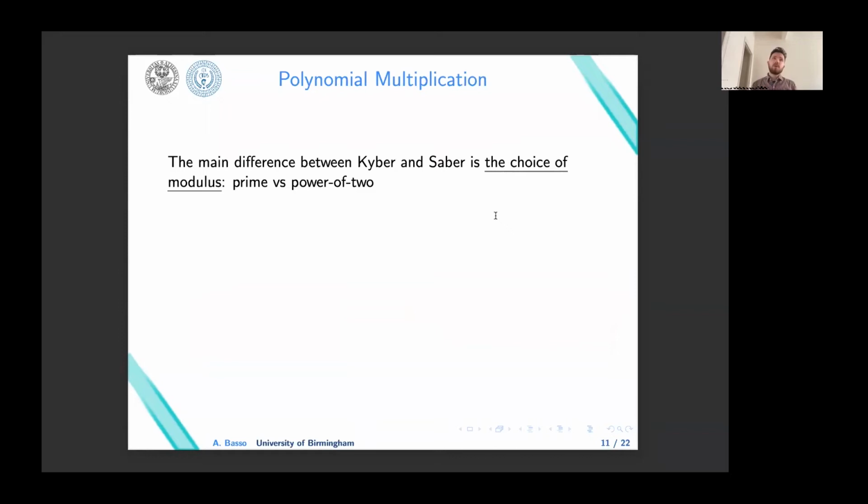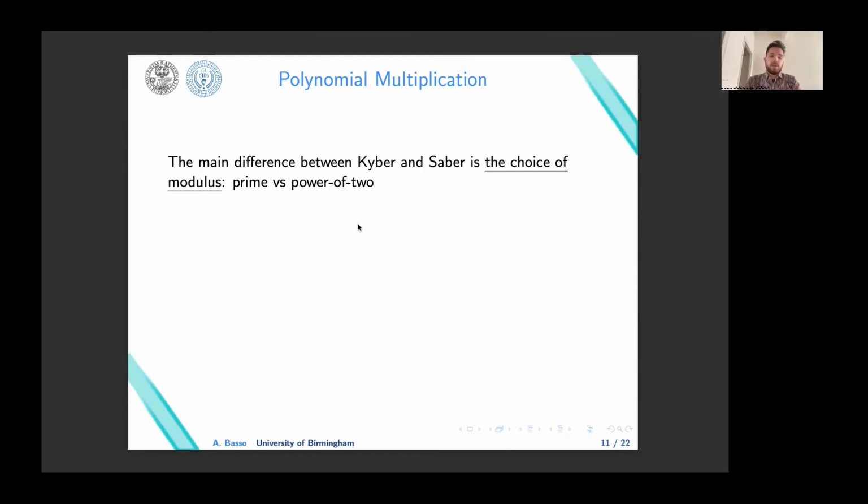Now, before we understand why Kyber and Saber are different, we need to take a step back and look at how these protocols are actually implemented and used in practice. Because the main difference that we see here is that Kyber uses a prime modulus and Saber uses a power of 2 modulus.